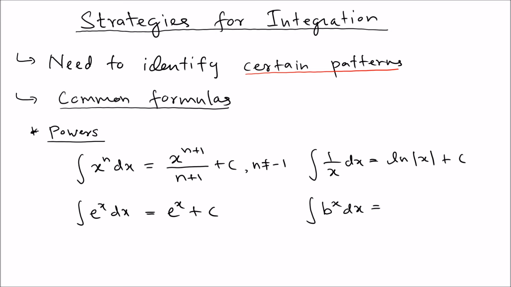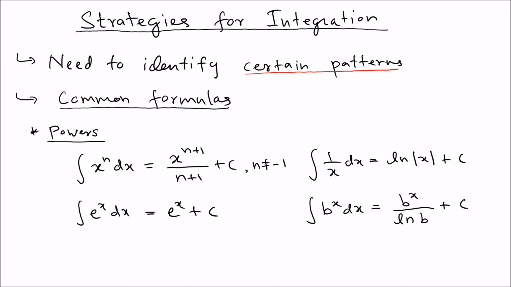When b equals e, we have the result, but when you have a general b, then it is b^x, like in e^x, but you have to divide by the natural log of b, plus c. Make sure that b is not equal to 1, because b equal to 1 is going to create a problem here, because ln 1 is 0. These are what we normally call the power rules. 1 over x is also one of the power rules because of the n equals -1 case.